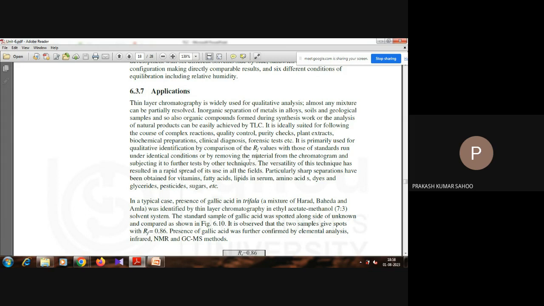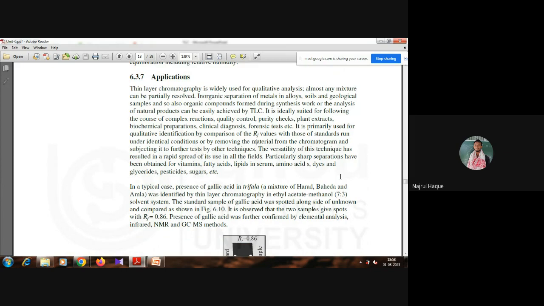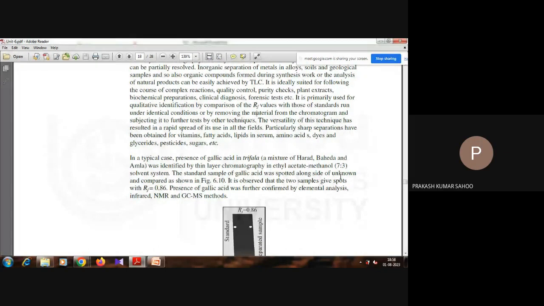So depending upon the RF, the retardation or retention factor, we have the identification. Then the versatility of this technique has resulted in a rapid spread of its use in all the fields. Particularly sharp separations have been obtained for vitamins, fatty acids, lipids, etc.